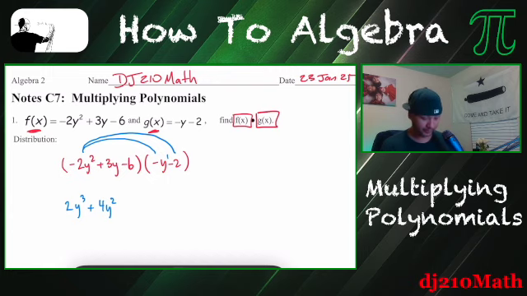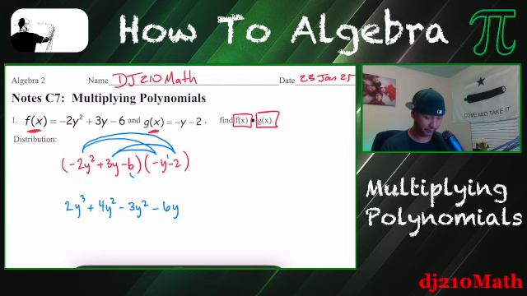All right. Then the second one. That's going to be negative 3y squared. And then the last one, negative 6y.